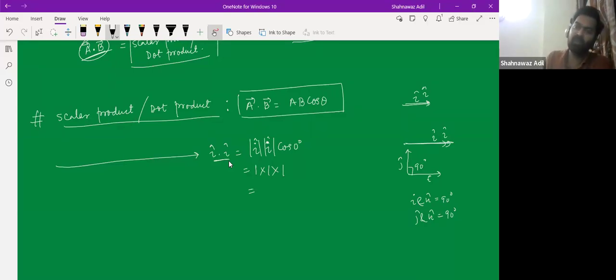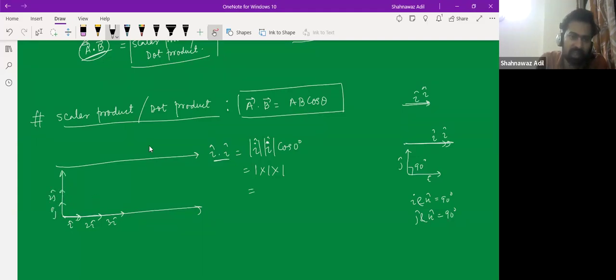If I move 1 unit in the X direction, that is I hat. If I move 2 units, that is 2 I hat. If I move 3 units, that is 3 I hat. And then I have J: 1 unit in the Y direction is J, and then 2J.